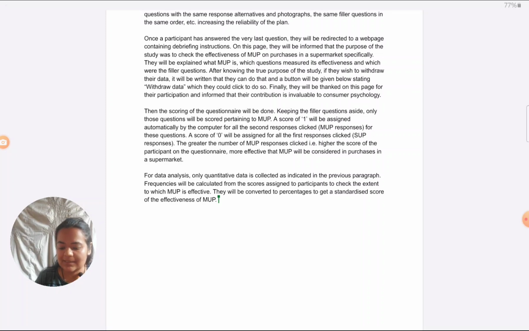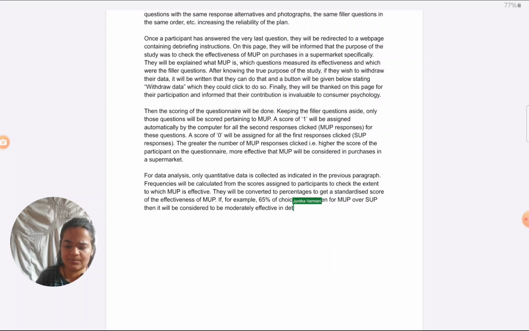So we can say, if for example, say 65% of choices have been for MUP over SUP, then it will be considered to be moderately effective in determining consumer purchases.